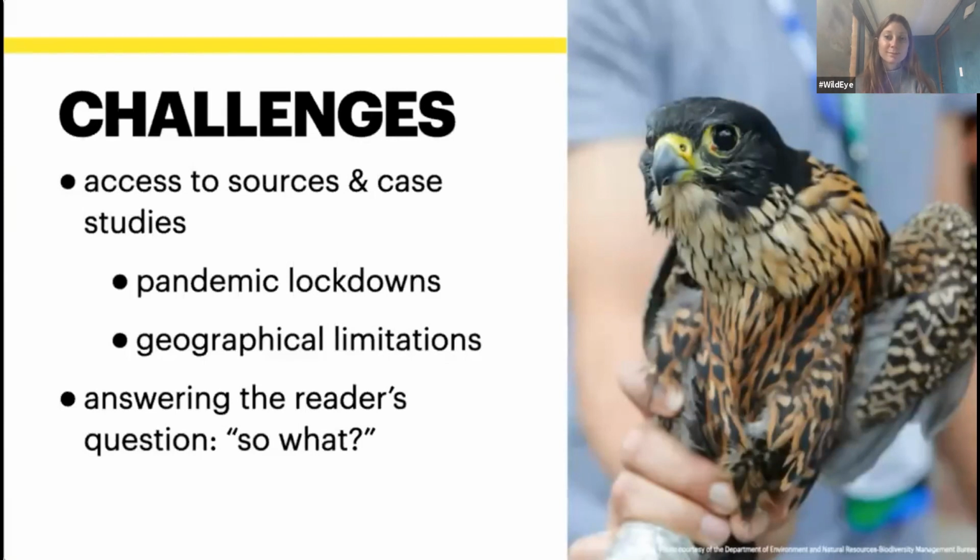Because of the COVID-19 pandemic, a lot of the reporting has really shifted into focusing on the virus, the recession, the economic challenges that we are facing because of the pandemic.